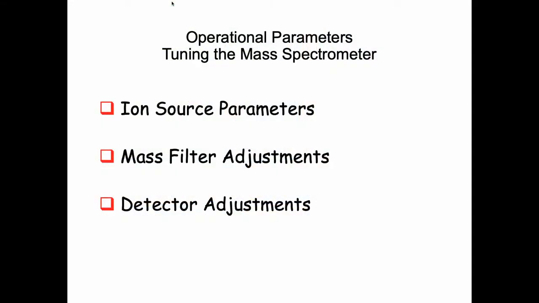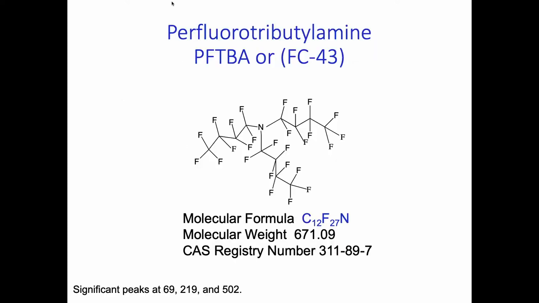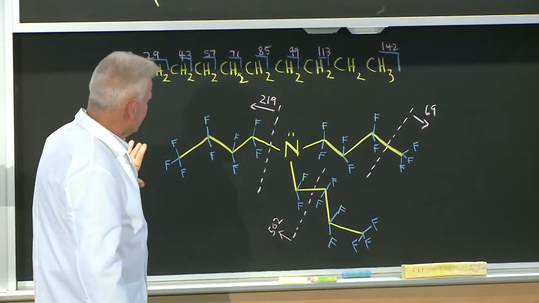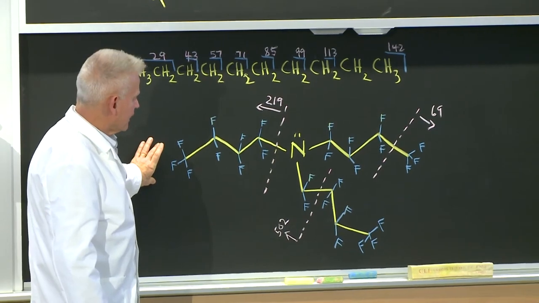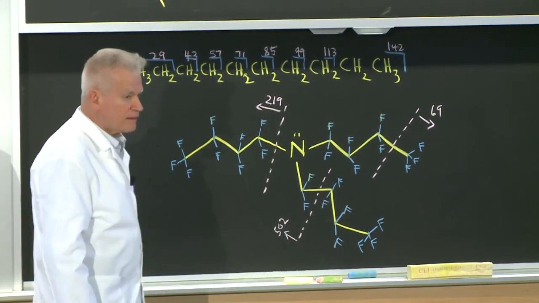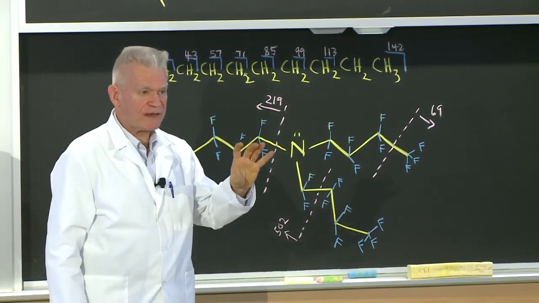The detector gain has to be cranked up so that we can see peaks far enough out. And to do that, we use this compound, perfluorotributylamine.